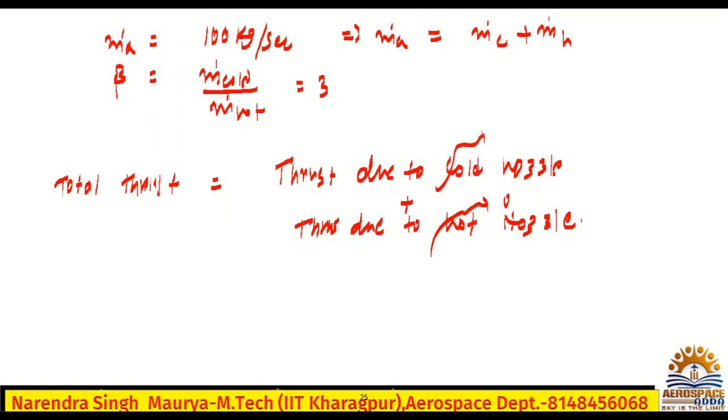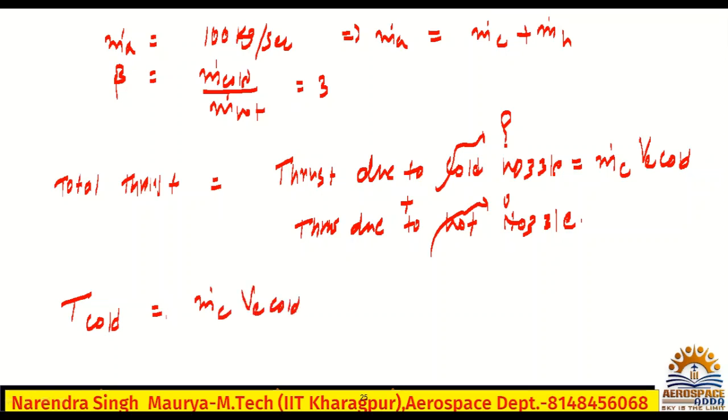Now our interest is this value, which we have to calculate. What will be the formula for the cold nozzle thrust? Only momentum thrust we have to write: m dot c, the cold mass flow rate, into the exit velocity of the cold nozzle. The hot nozzle we will not consider. So the thrust due to the cold nozzle is m dot c into V exit in the cold nozzle.